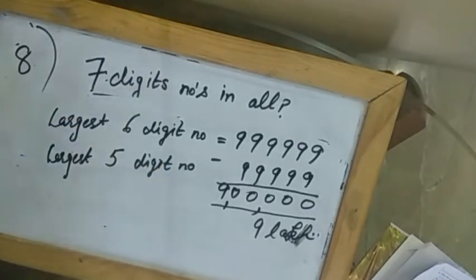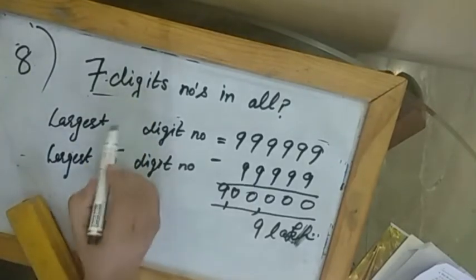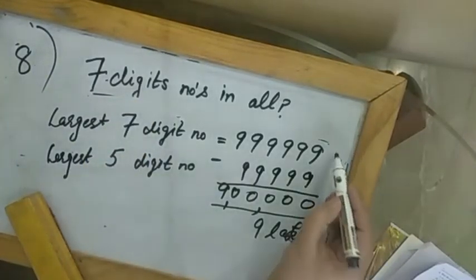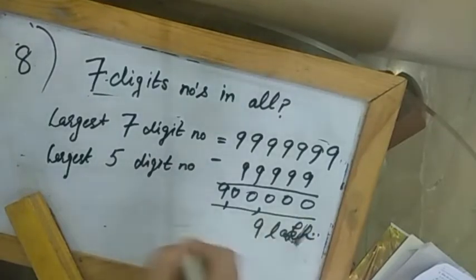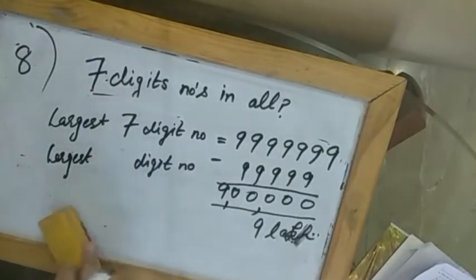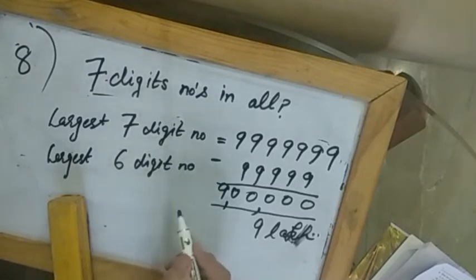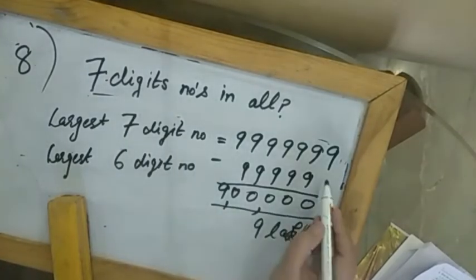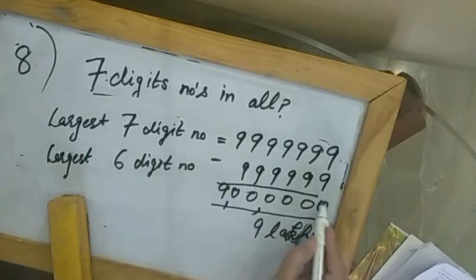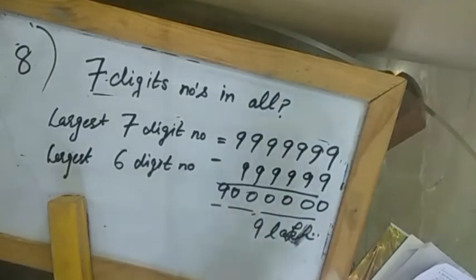I will write the largest 7-digit number, and from this I will subtract the largest 6-digit number, because I don't want the 6-digit numbers. So if you subtract them, you will get 90 lakhs. So 90 lakh 7-digit numbers are there in all.